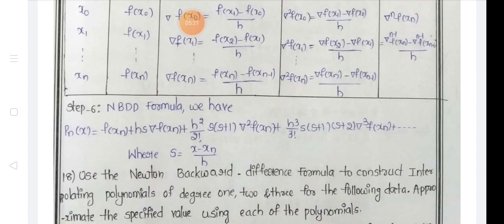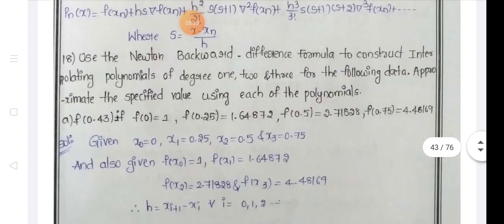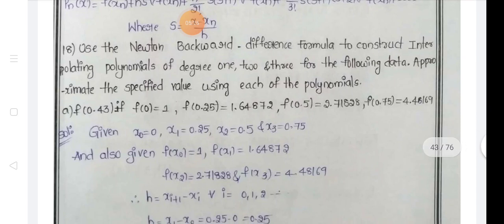Next, one more problem. Use the Newton backward difference formula to construct interpolating polynomials of degree 1, 2 and 3 for the following data. Approximate the specified value using each of the polynomials, f of 0.43.